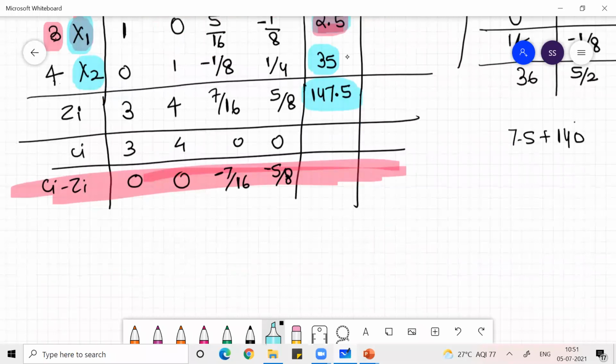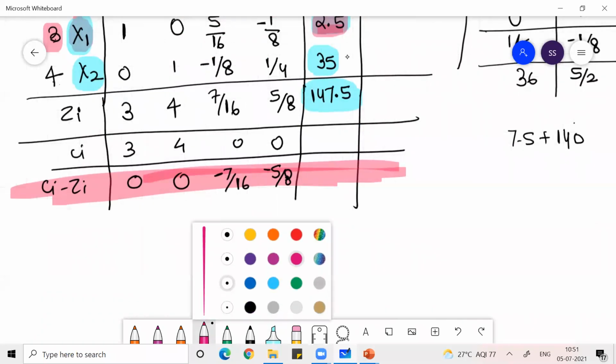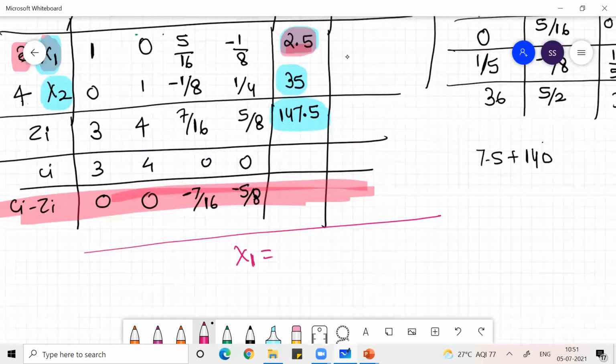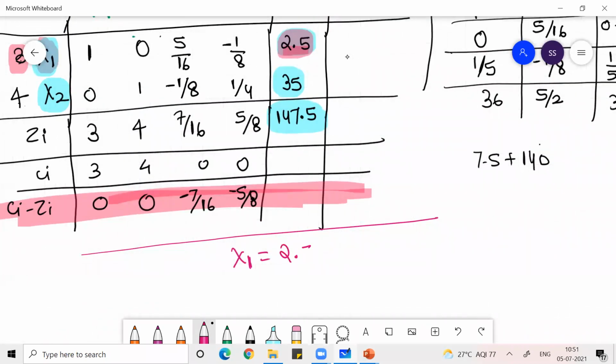This is what we got when we solved by the graphical method and by the Excel solver method. So the X1 value we got was 2.5, X2 value we got is 35, and the maximum value of Z we got is 147.5.